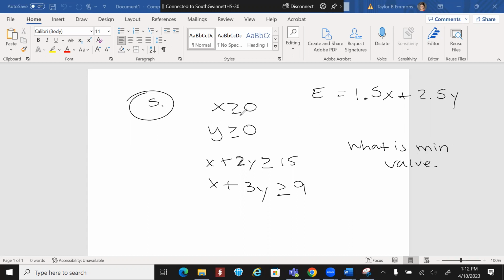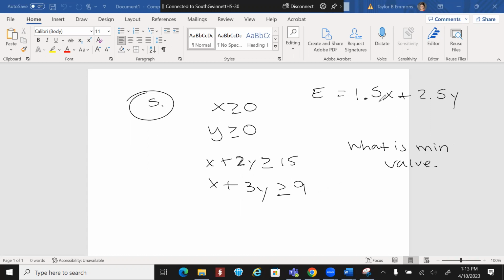Okay, so we have x is greater than or equal to 0, y is greater than or equal to 0, and then we have x plus 2y is greater than or equal to 15, and x plus 3y is greater than or equal to 9.